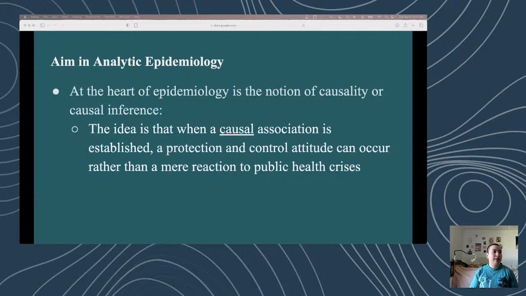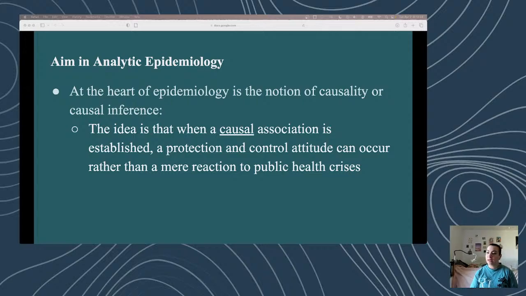The aim in analytic epi is the notion of causality or causal inference. At the heart, we're trying to find out if there is a causal association. Because if we find the cause of something, or can argue that something causes something, what can we do on an intervention level, right? We can protect and control.